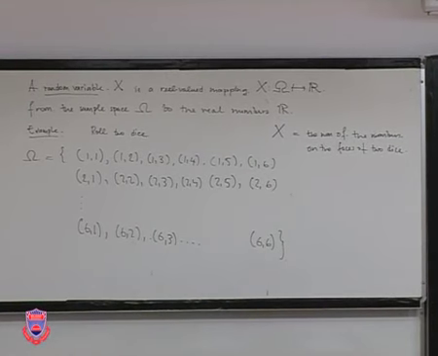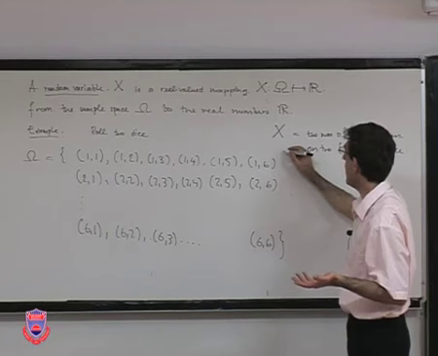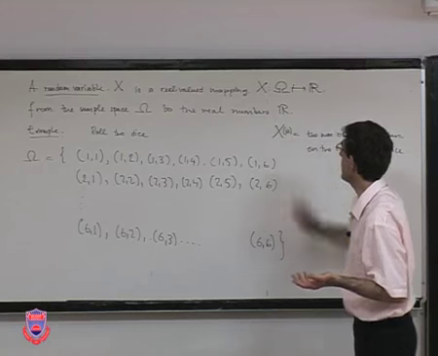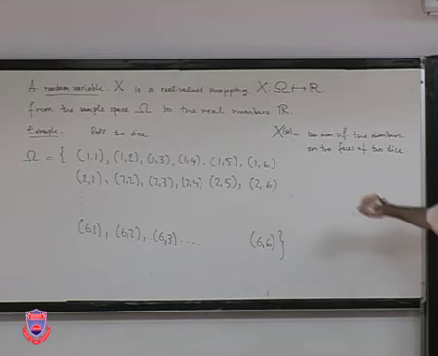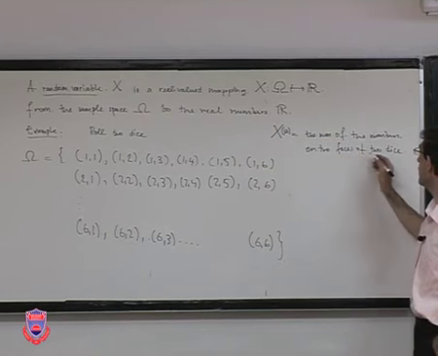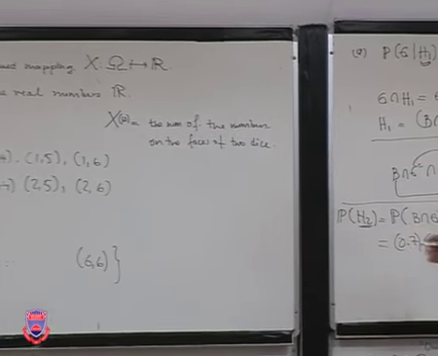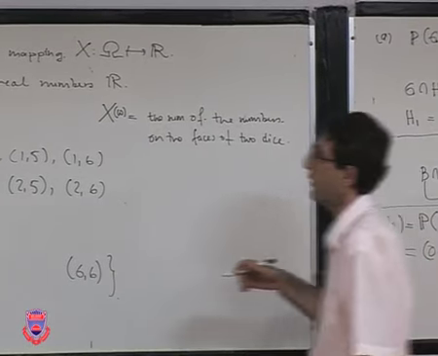Even as I write, it's probably not appropriate. What you know is that this is a number associated with each omega coming from this set. So the sum of the numbers on the faces of two dice is going to change, of course, with the outcome that you see.